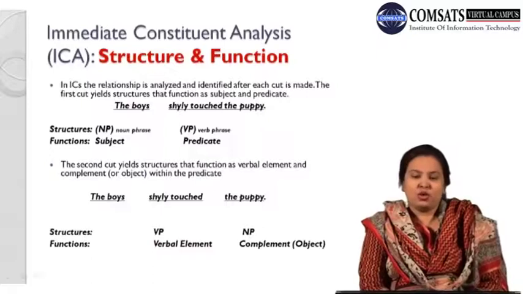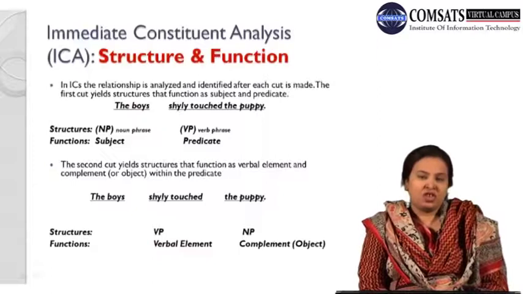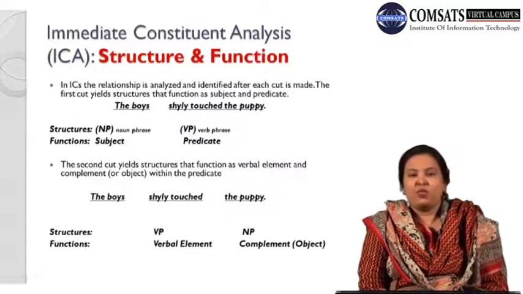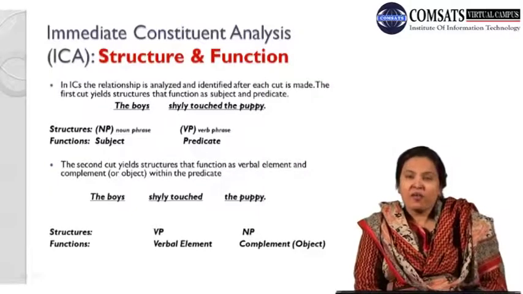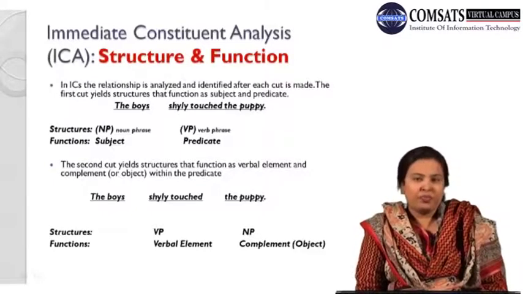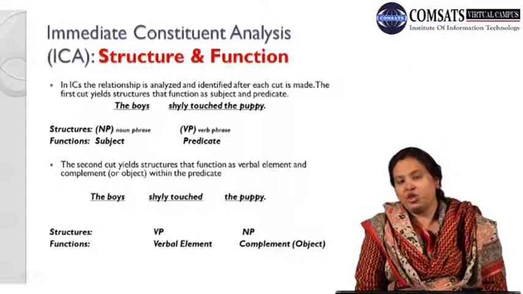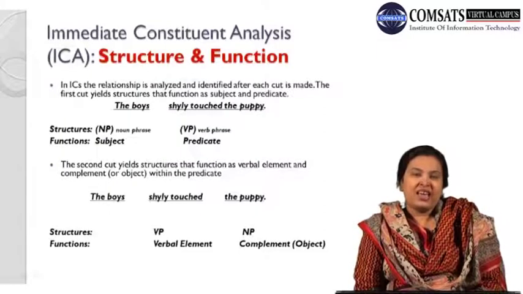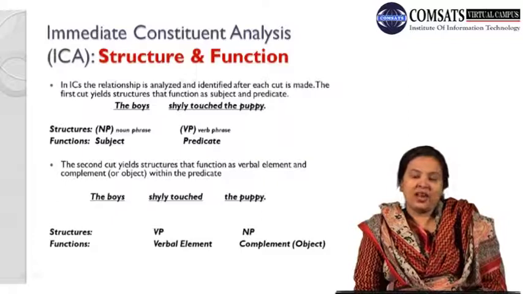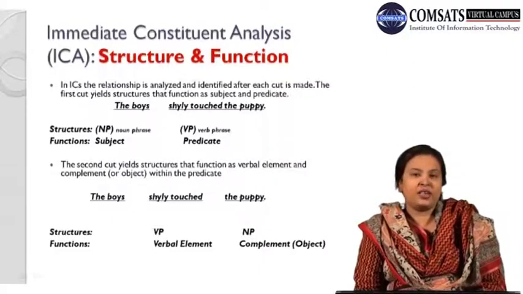In immediate constituent analysis, we have two important notions, structure and function. We divide sentences into different structures, and every structure has its own function. So how do we get this structural idea? Number one, in ICs, the relationship is analyzed and identified after each cut is made.